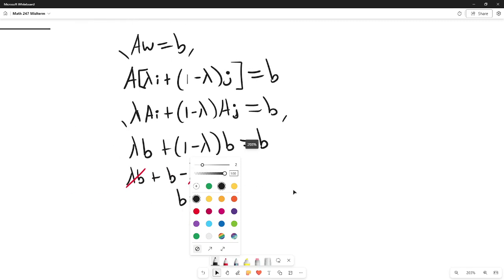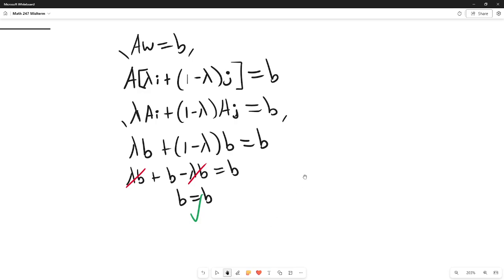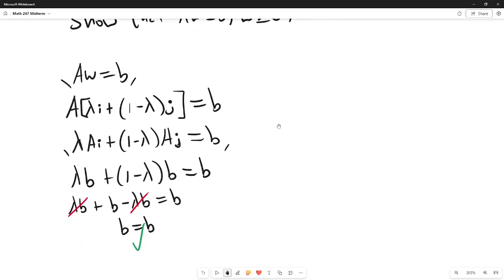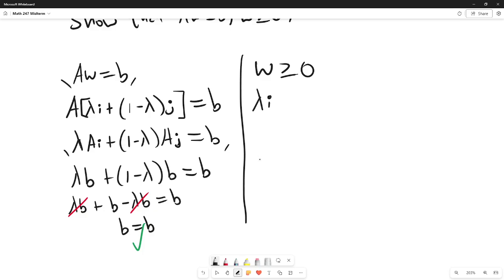Now the second part of the proof is that we must prove that W is greater than or equal to 0. Well, we know that W is lambda I plus 1 minus lambda J. And I will just note that it's 0 less than or equal to lambda less than or equal to 1.